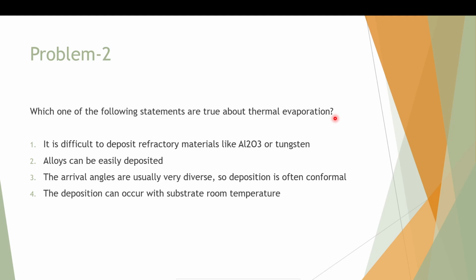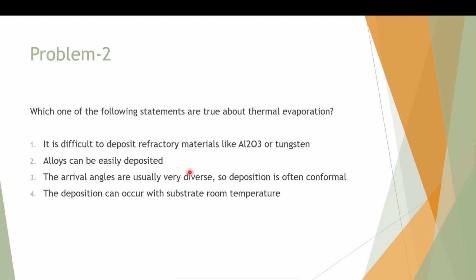That is because different materials in an alloy might have different boiling points or vapor pressures. At a particular temperature, a material has a particular vapor pressure, right? Similarly, another material might have some other vapor pressure for the same temperature and pressure conditions. So the rate of deposition of the first material compared to the second material will be different. So that is false.